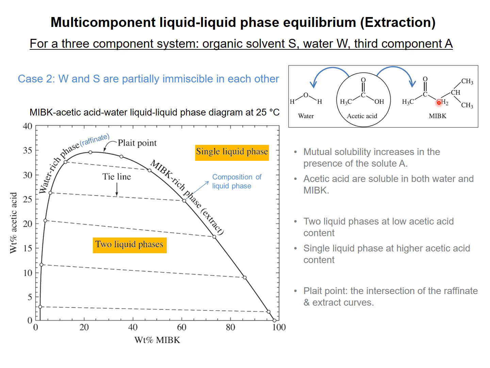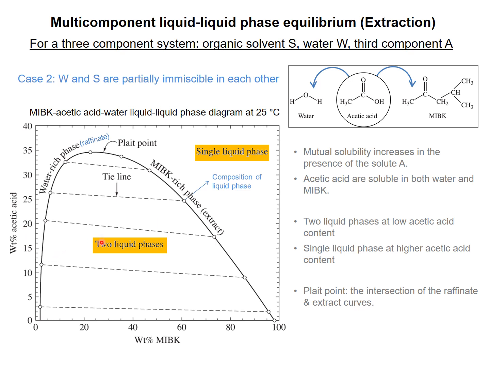So two liquid phases go to a single liquid phase at higher acetic acid content. Here is the phase diagram for those three-component mixtures. The x-axis is the weight percent MIBK, and the y-axis is the weight percent acetic acid. The rest of the weight percent is water.